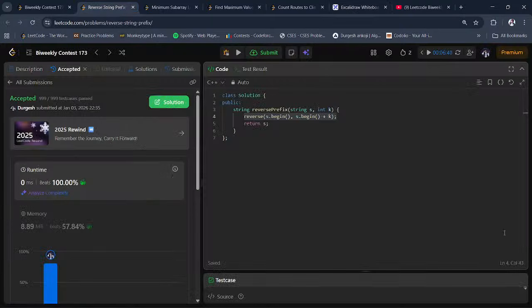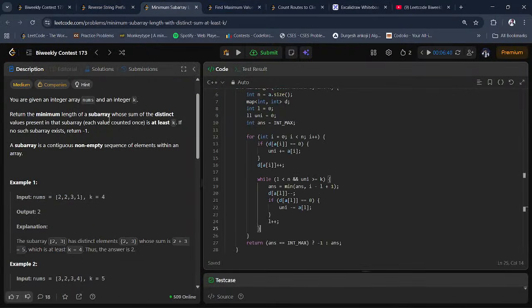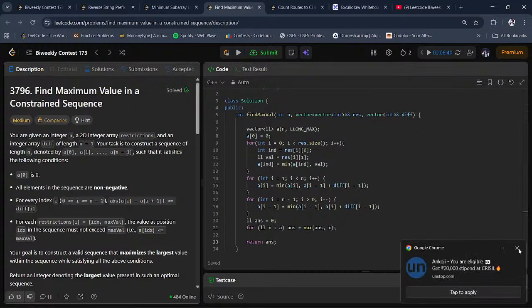I hope the second question is clear. So we'll move forward to the third question. The third question says that you're given an integer n, a 2D integer array restrictions, and an integer array difference of length n minus 1. Your task is to construct a sequence of length n, denoted by a0, a1, till an, such that it satisfies the following conditions.